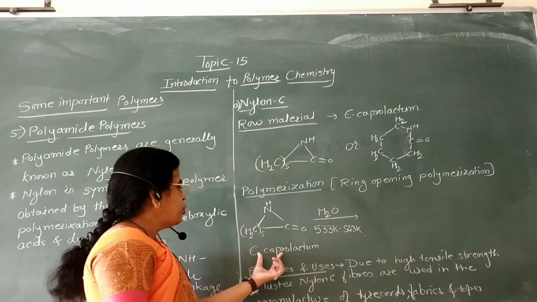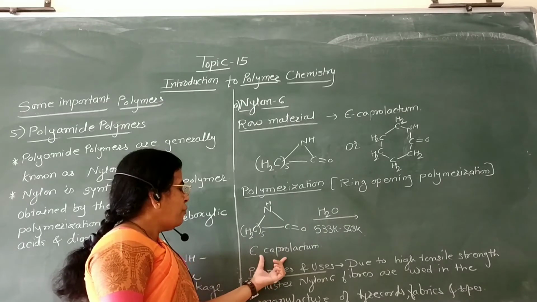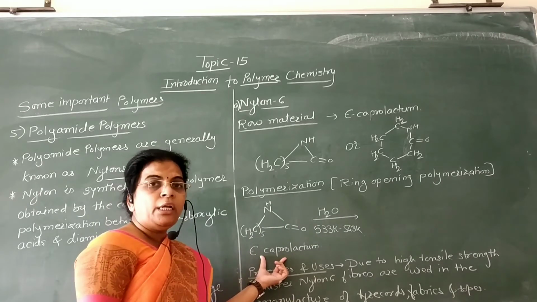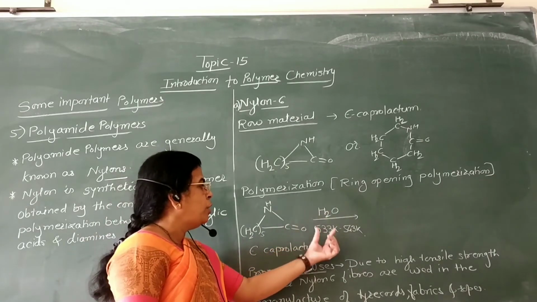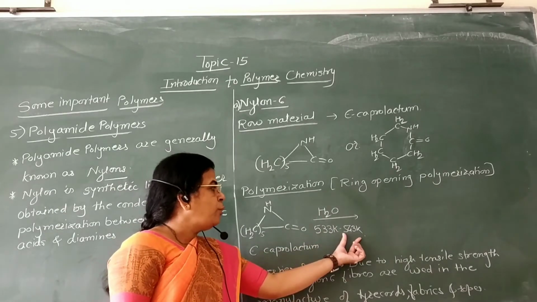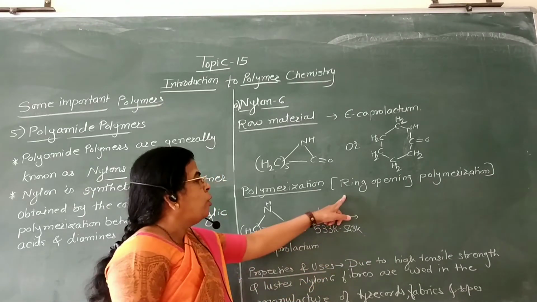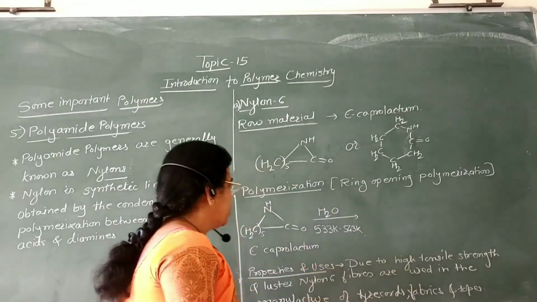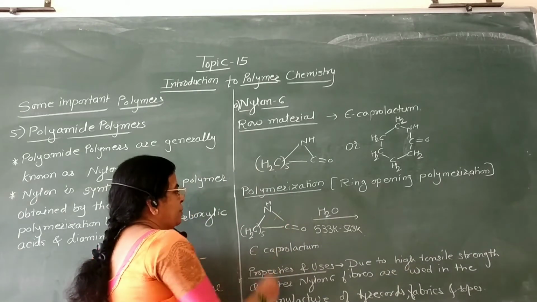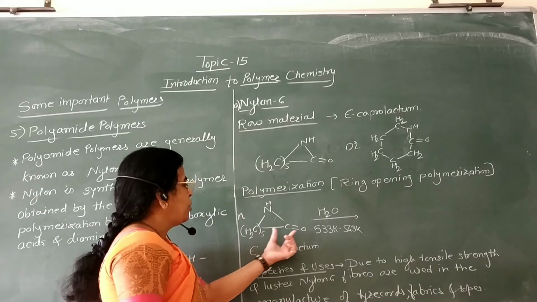When this epsilon caprolactam is boiled with water at 533 Kelvin to 543 Kelvin, it undergoes ring opening polymerization. That is, breaking of the ring takes place. Here n molecules of epsilon caprolactam undergo polymerization.